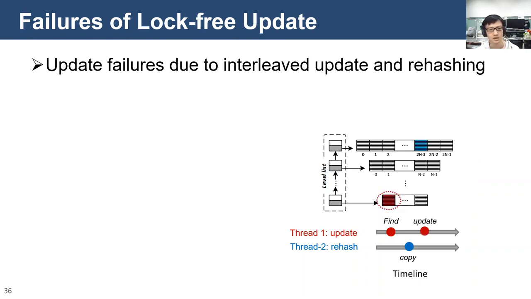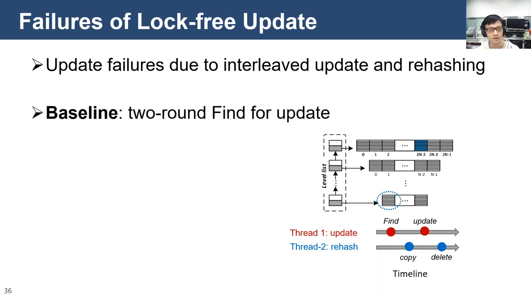After thread 1 updates the pointer to the updated item, the contents in the slots are deleted by thread 2, thus leading to update failures for thread 1. To avoid update failures, a baseline scheme is to run find to check if the item has been updated, which however leads to high latency.